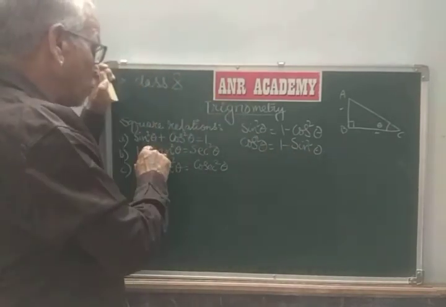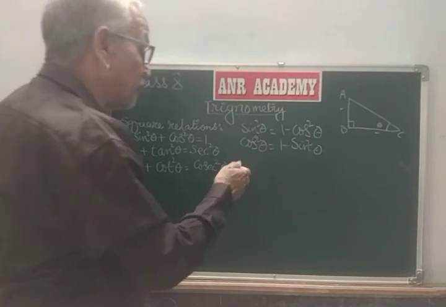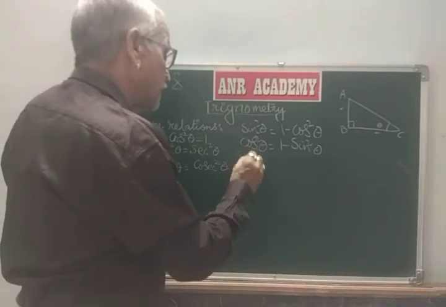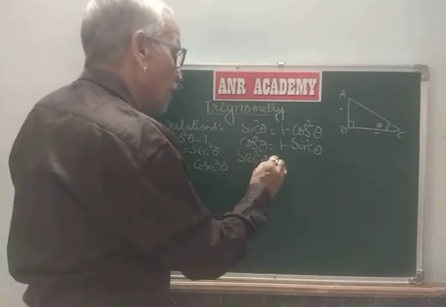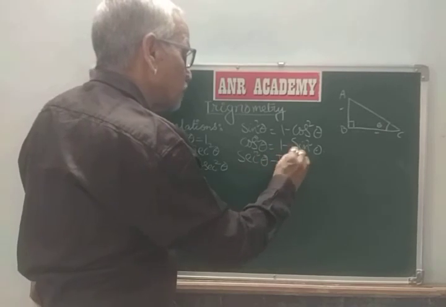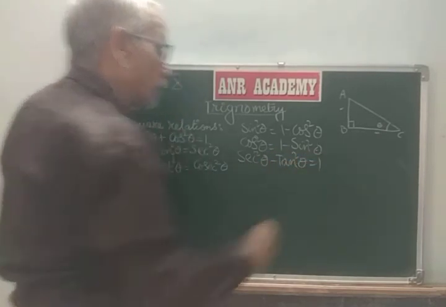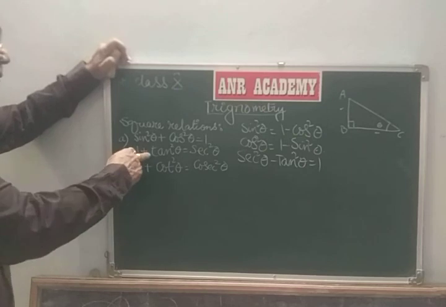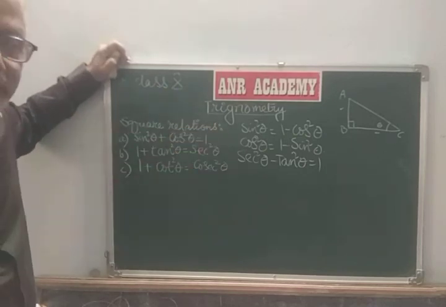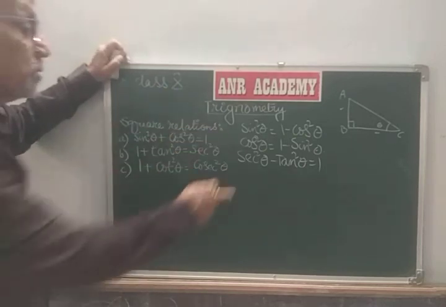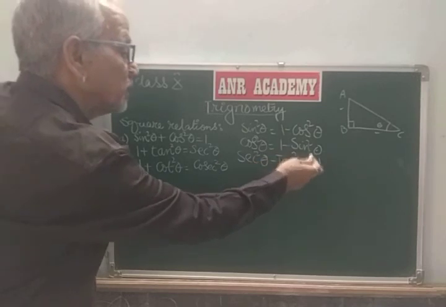I took this tan square theta to the other side of that equation. So secant square theta minus tan square theta is equal to 1.